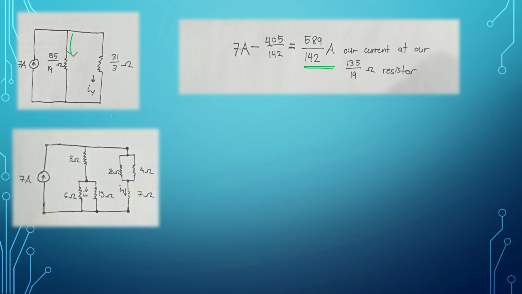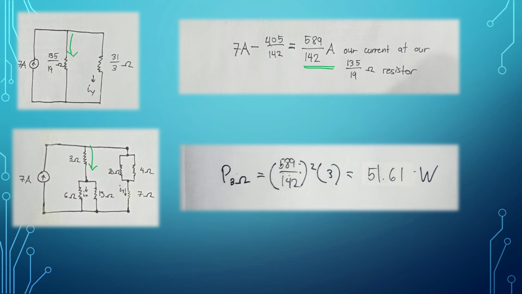And so the same current is going through here. It's still 589 over 142 amperes. And with that, we can just simply use this equation. Power at the 3 ohm resistor is equivalent to 589 over 142 squared times 3. So P equals I squared R. That will give us 51.61 watts.